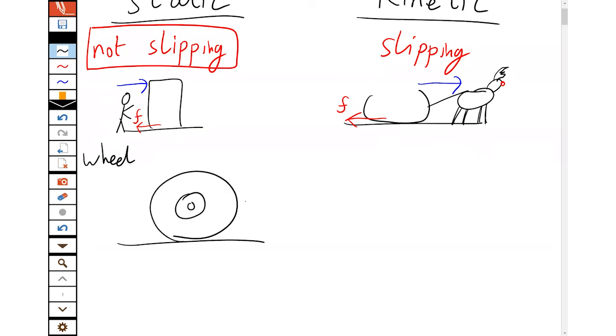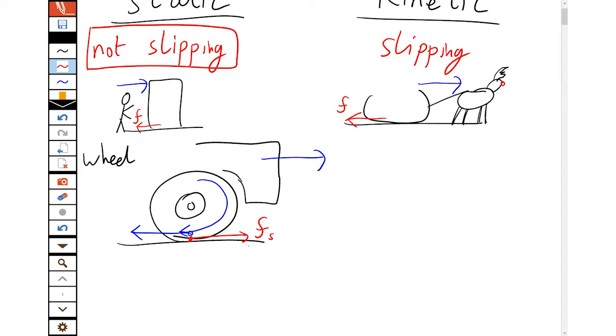If you have the wheel of your car and you want to drive off forward in the morning, you start that wheel moving forward, so it rotates. So you can see that means the bottom of the wheel is trying to move to the left compared to the ground. And it's the force of friction opposing that between the wheel and the ground that pushes you forward. And that is a static friction.